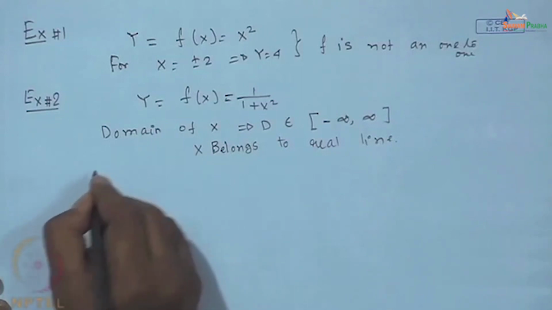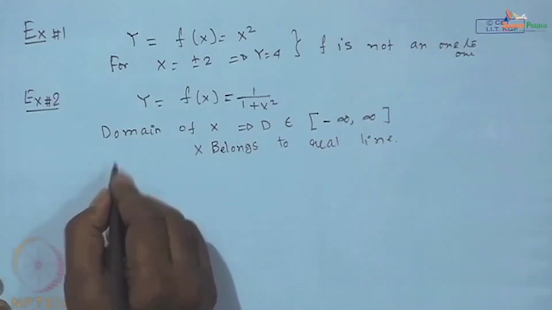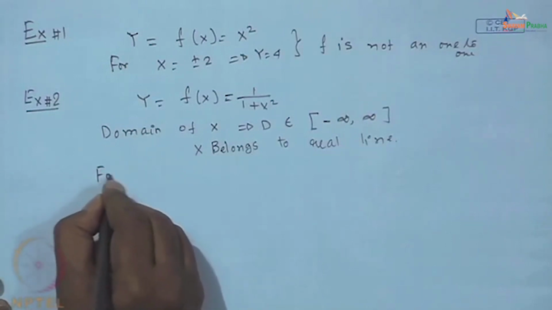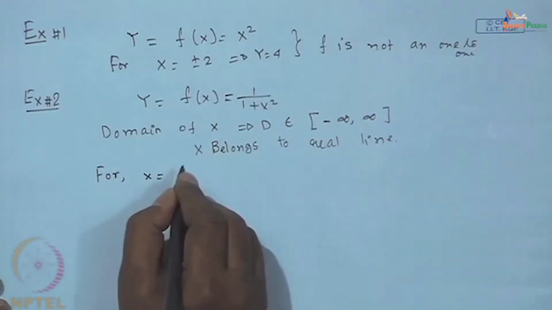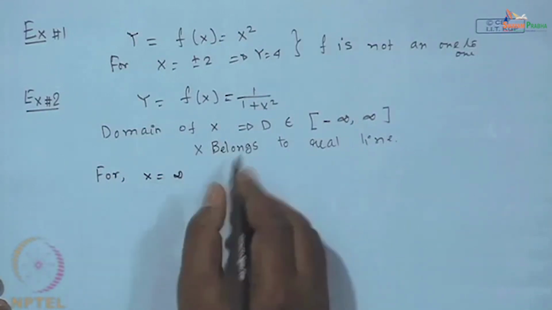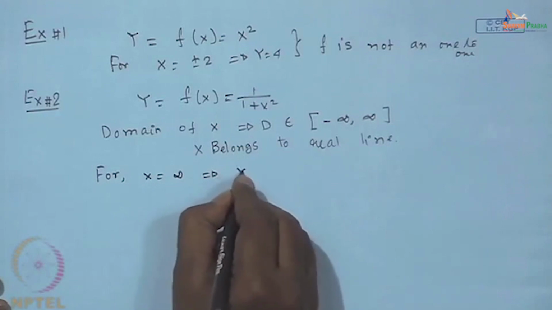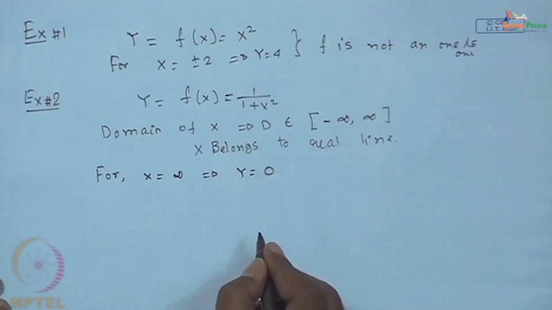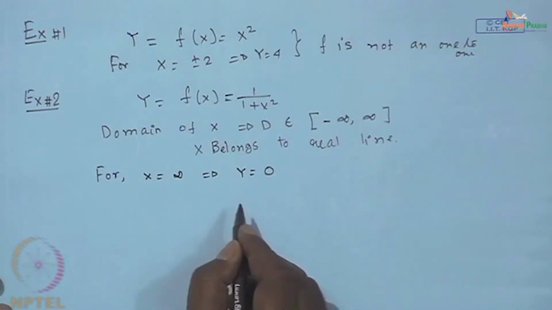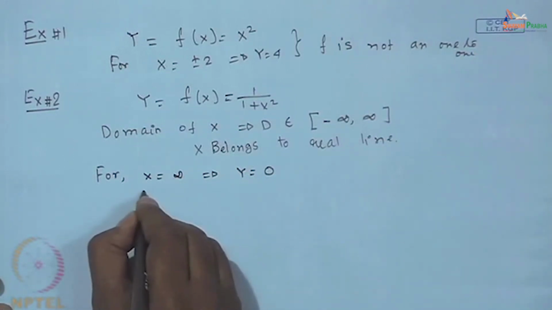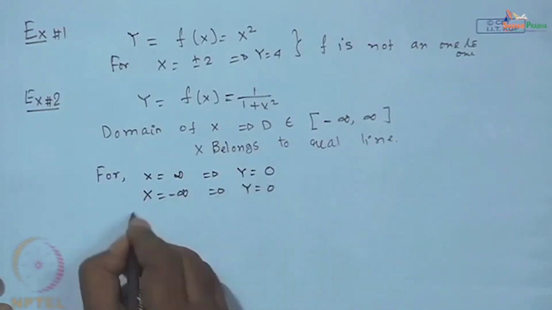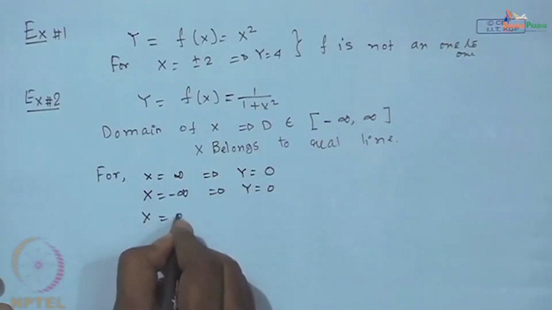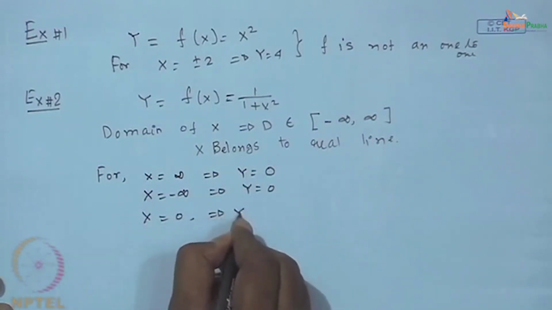Now, for x is equal to plus infinity, y is equal to 0, and for x is equal to minus infinity also y equal to 0. But for x is equal to 0, y equal to 1.